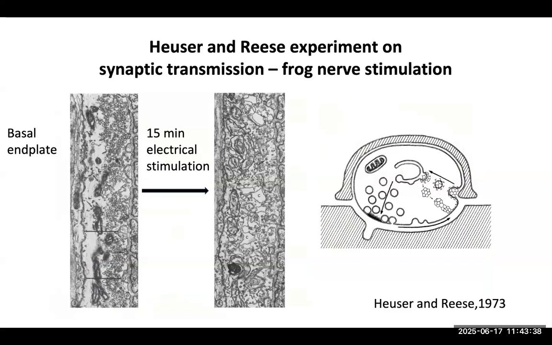Scientists did a cool experiment with frog nerve stimulation. This was done by Heuser and Reese back in the 1970s. We already know quite a bit about action potentials now, right? Those action potential papers were back in the 1950s. And here they looked into the end plate potential, where you see this kind of structure of a villi here.